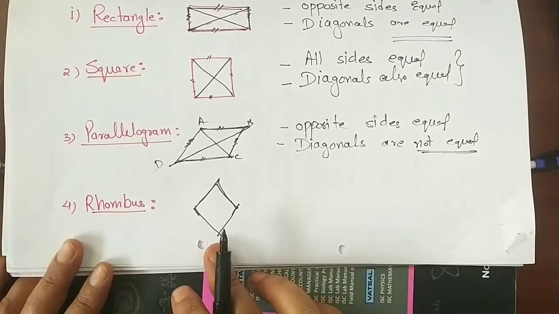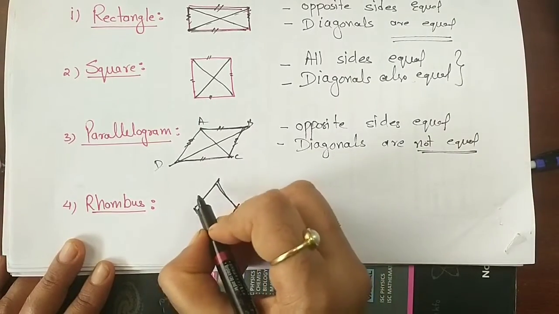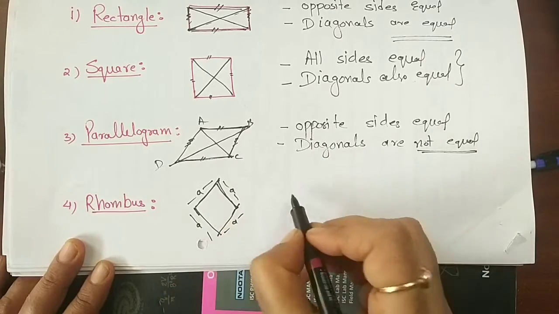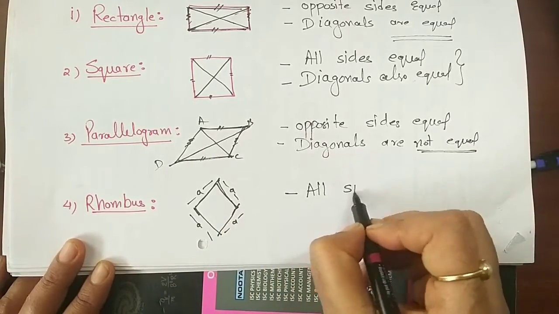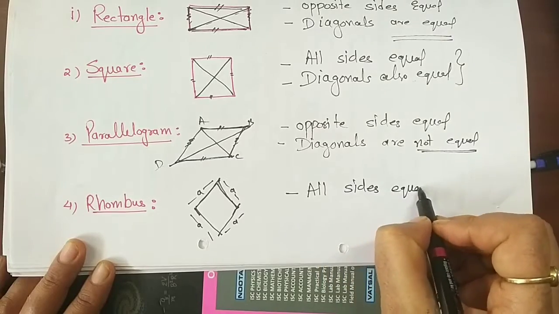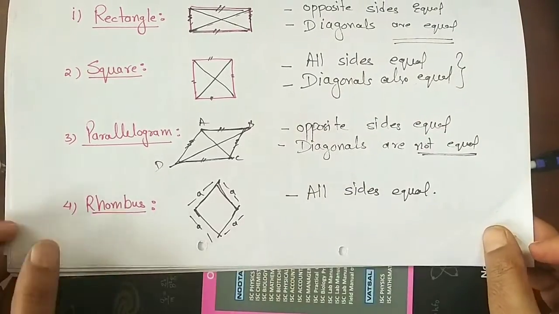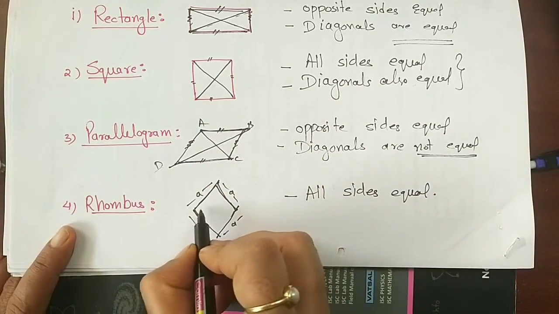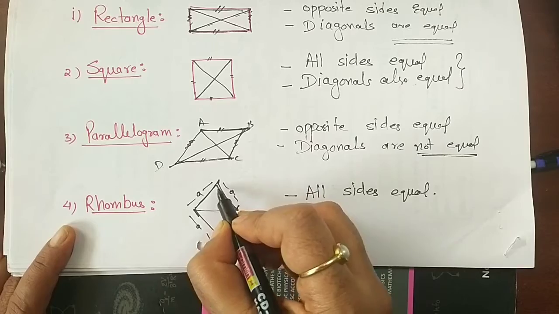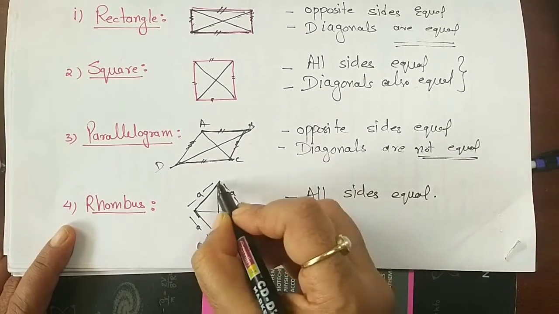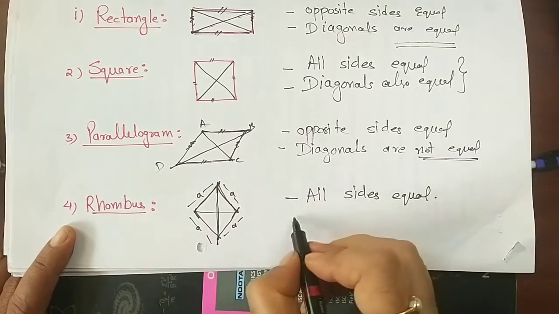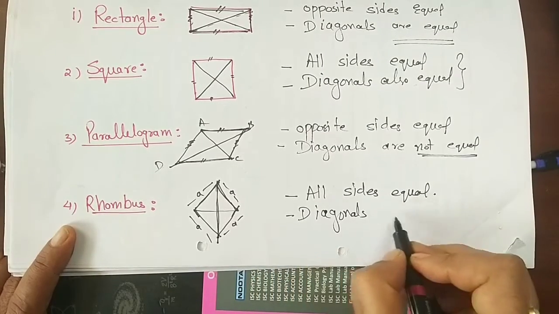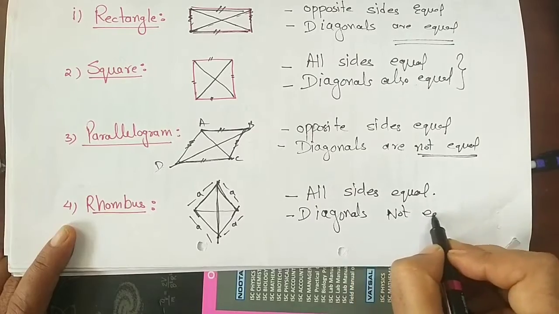Suppose you have to prove a shape is a rhombus. In a rhombus all sides are equal. If this is A, this is A, this is A, this is A, then we can say all sides equal. Now some students will say all sides equal is in a square also. So what is the difference, guys? One diagonal is smaller and this one, see, is bigger. Understood? So what we can say: diagonals not equal.